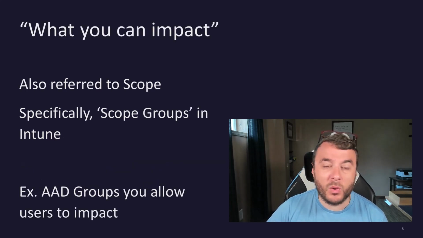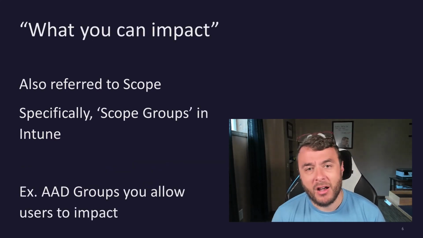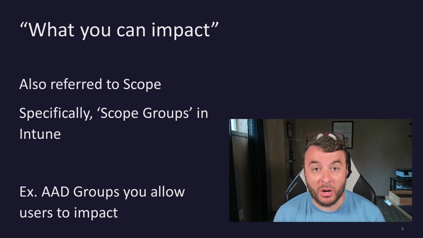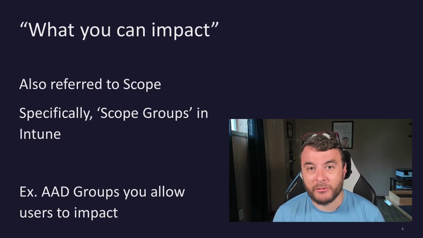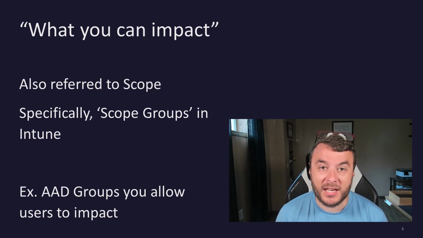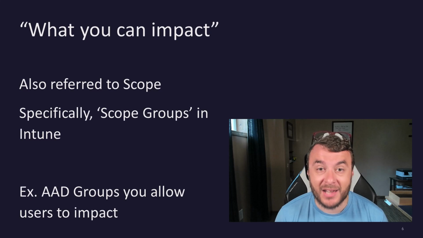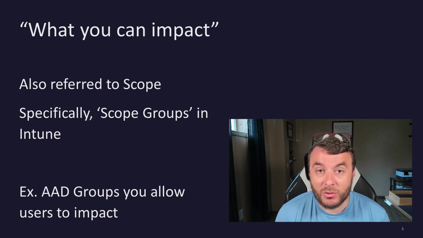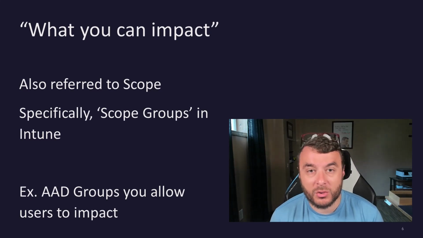And then the last thing is what you can impact in Intune, which is also referred to as a scope, but specifically in Intune we refer to these as scope groups. Now these are literally Azure AD groups that you say these users can assign whatever permission you're delegating out, these objects or things that use this permission, to this group, right?